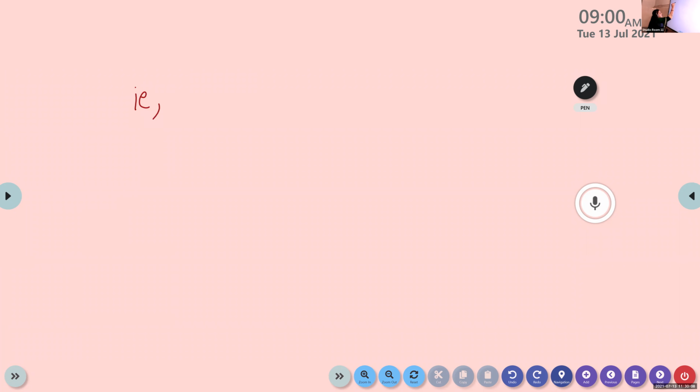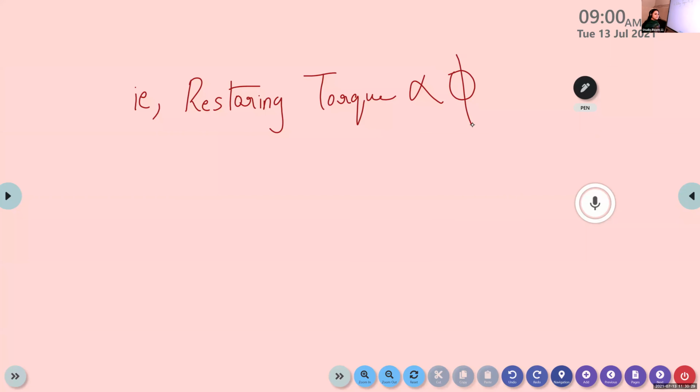That is, the restoring torque is directly proportional to phi, where phi is the angle of deflection.